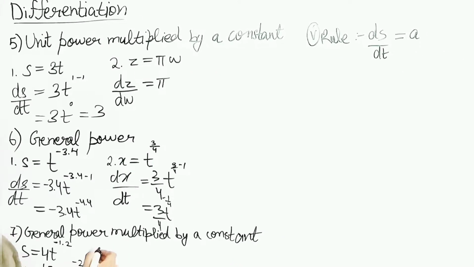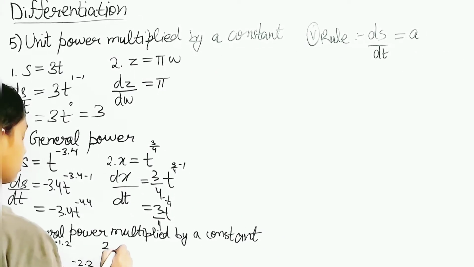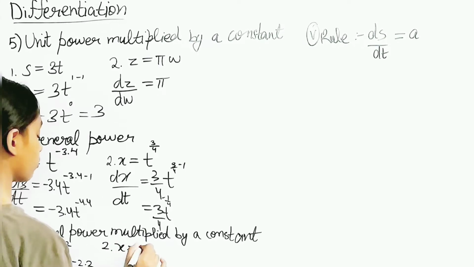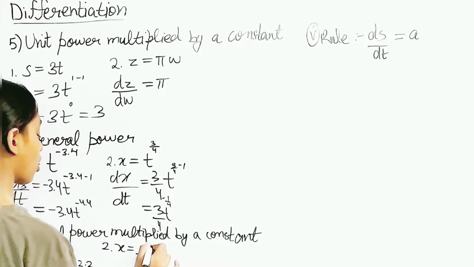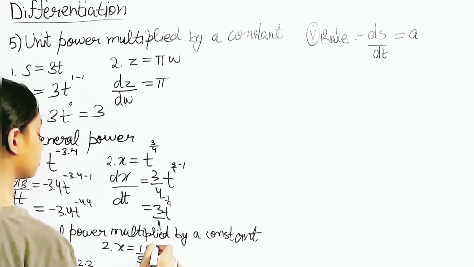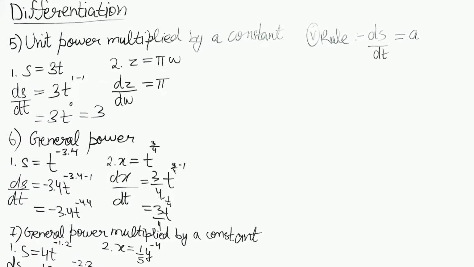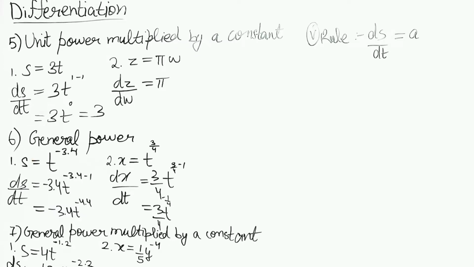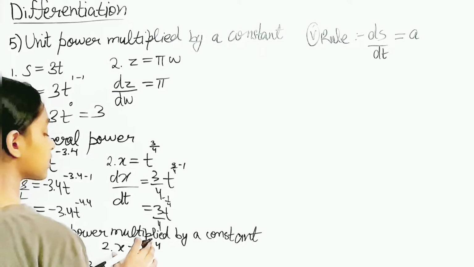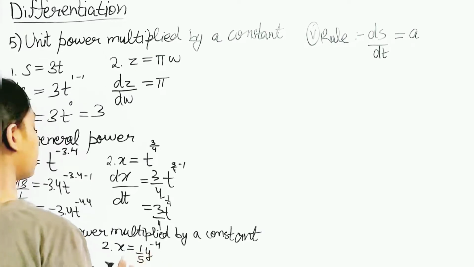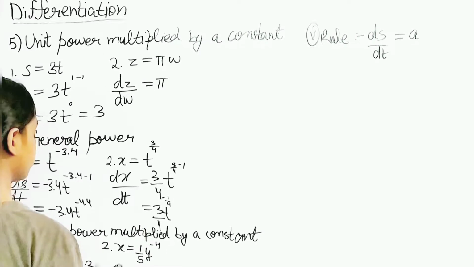Let's take another one. x is equal to 1 by 5 y to the power negative 4. Let's take this one. Is it okay? Okay, let it be, whatever.